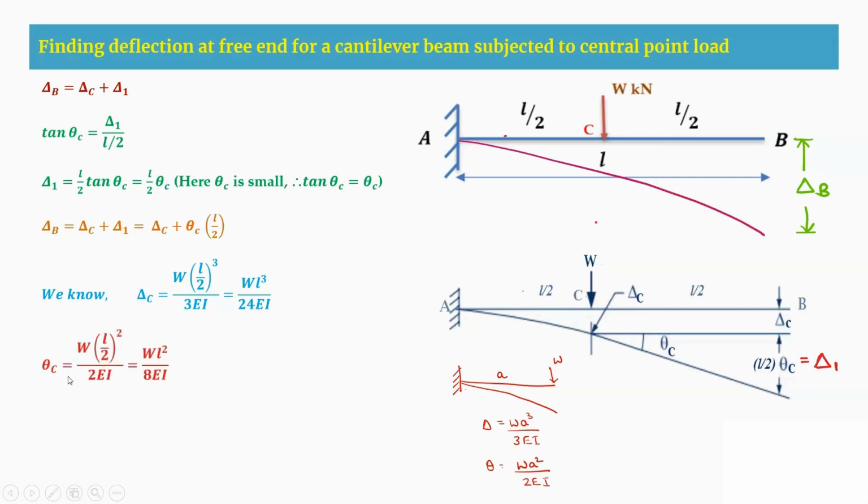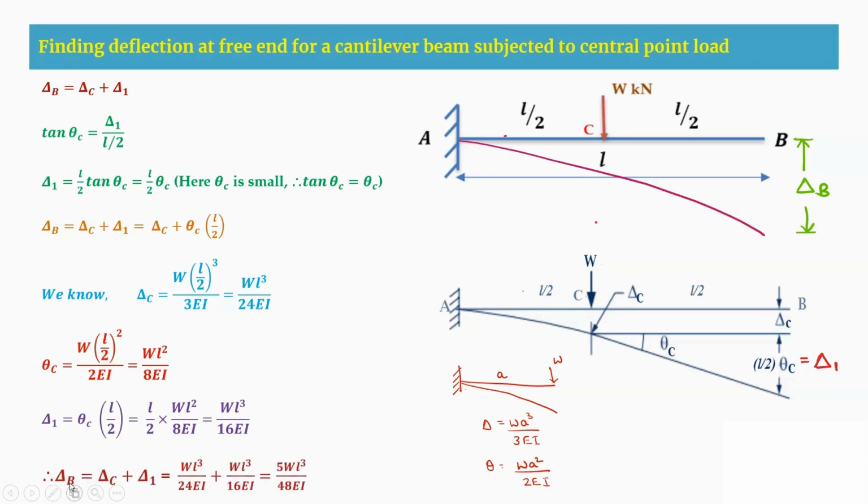Similarly, theta c is WA square by 2EI, that is W into L by 2, where A is L by 2. When you substitute this, you get WL square by 8EI. After getting these two, we add delta c and delta 1, where delta 1 is theta c into L by 2. After substituting all these values, we get delta B equal to 5WL cube by 48EI.